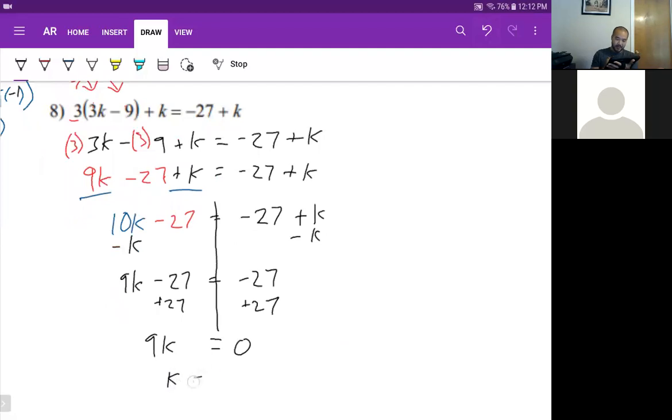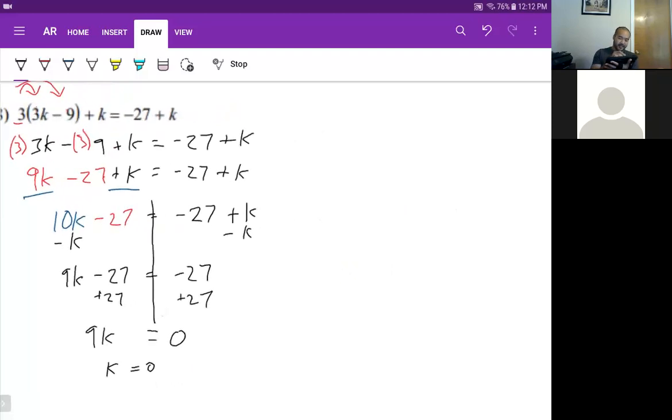Oh, funny. Let's see if it works, or maybe I made a mistake somewhere. 3 times k minus 9 plus k equals negative 27 plus k. And k is 0. How interesting.